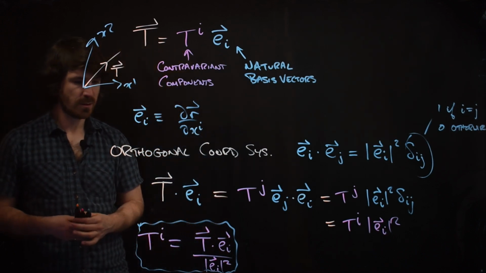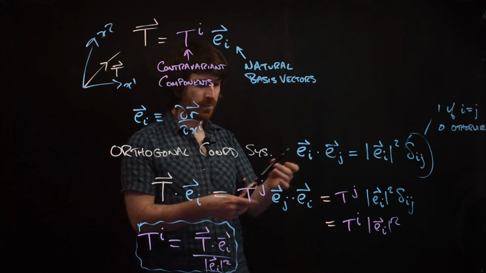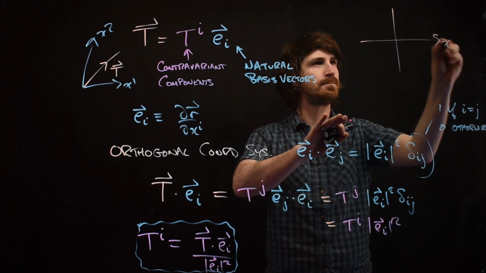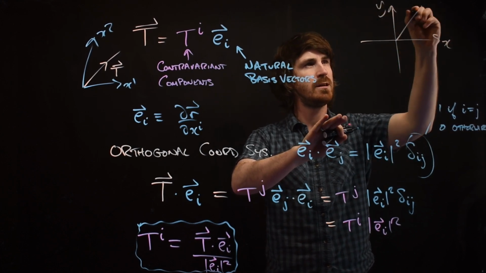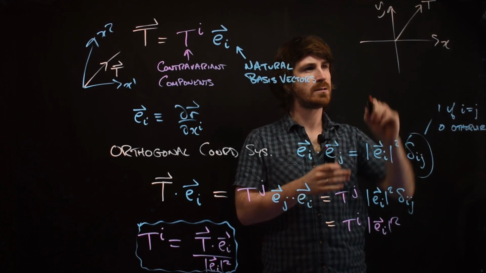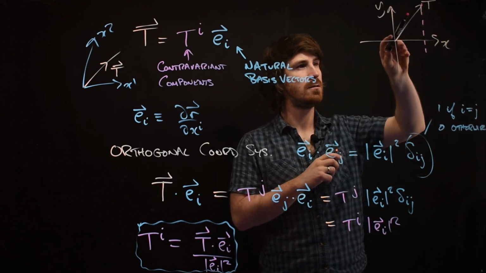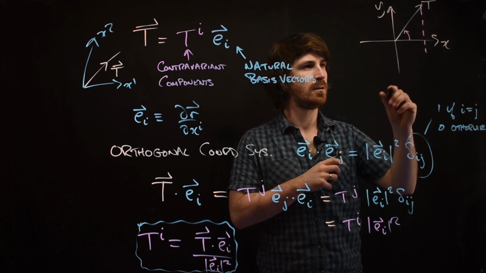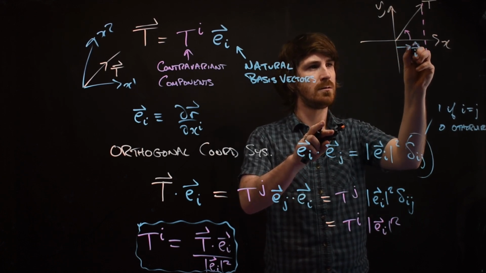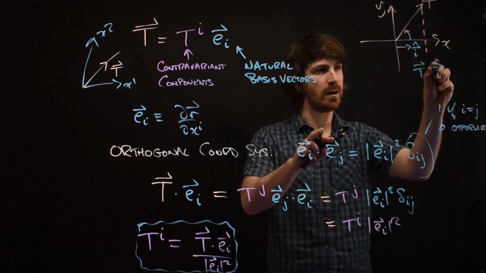Okay, and this is just what we've known from school days. If we have a two-dimensional coordinate system, let's have it x and y, and some vector t, then the component of t in the x direction is just t cosine this angle, and that can be found by just taking t and dotting it with the unit vector i.